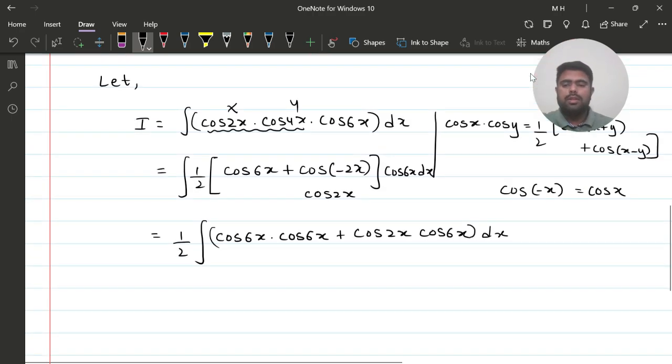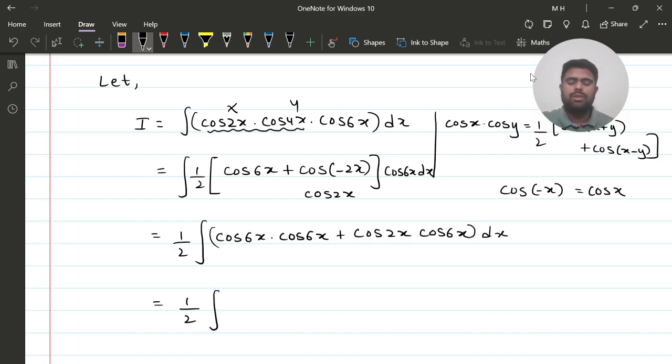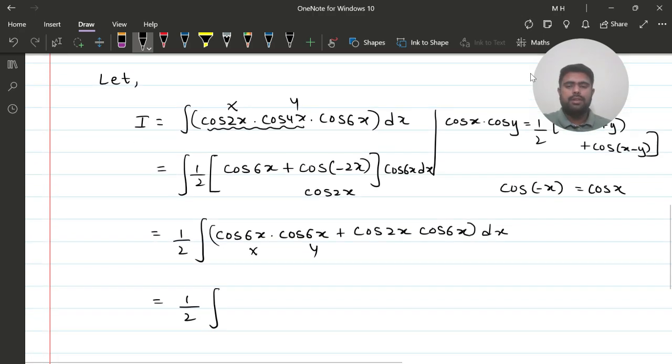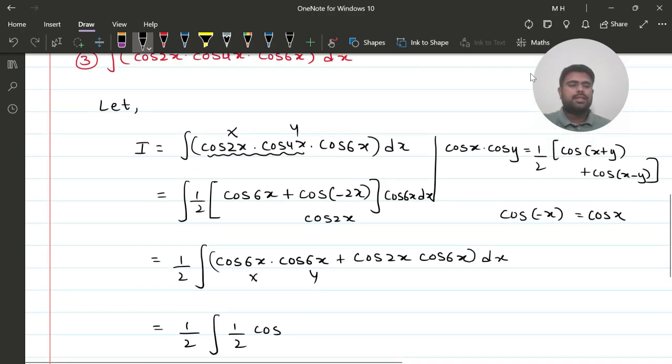So this would be equal to 1 by 2 times the integral of, we'll just simplify it out. Cos x into cos y, so it is half of cos of x plus y. What is cos of x plus y?